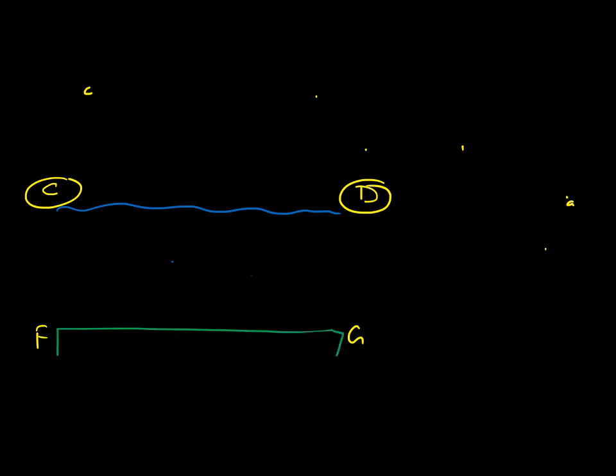Now, if we consider two points, say C and D, with water between them, and two more points, F and G, between which there is glass.